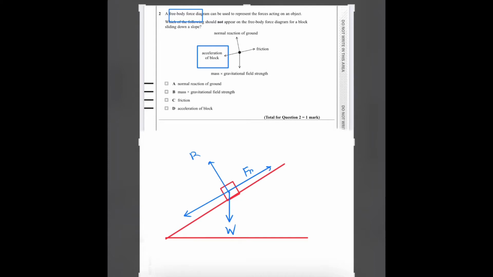So this should not be acceleration of block. It should be the component of weight parallel to the direction of the ramp. So this labeling should be component of force of weight, not acceleration of block. So the correct answer to number 2 is D.